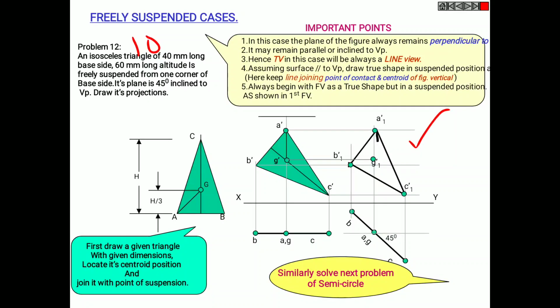You draw a straight line from A to G on the projection line, so from A point to G. Okay, so similarly solve the next problem of semicircle.